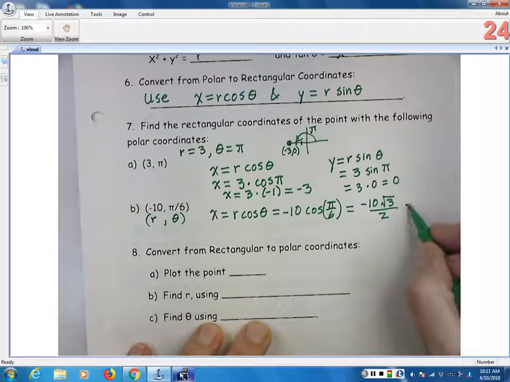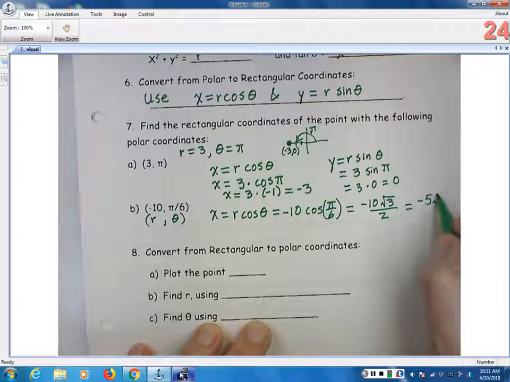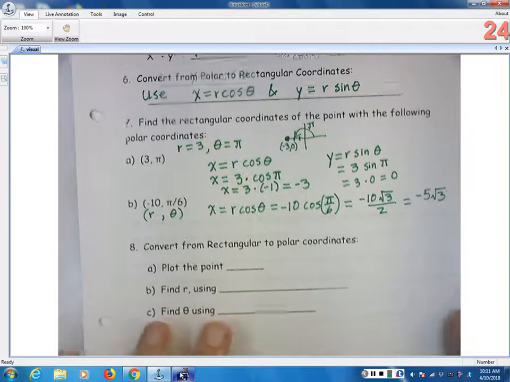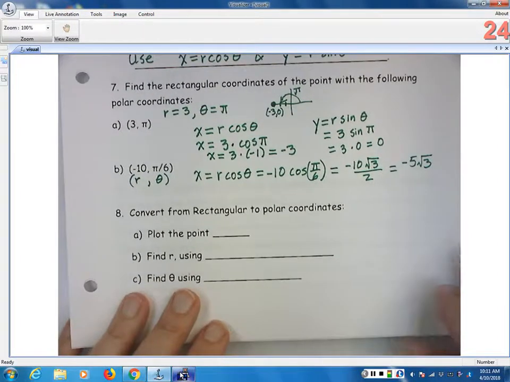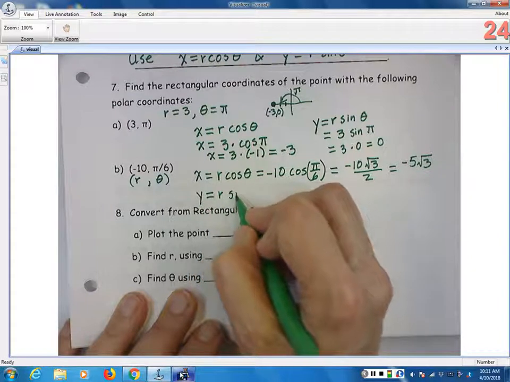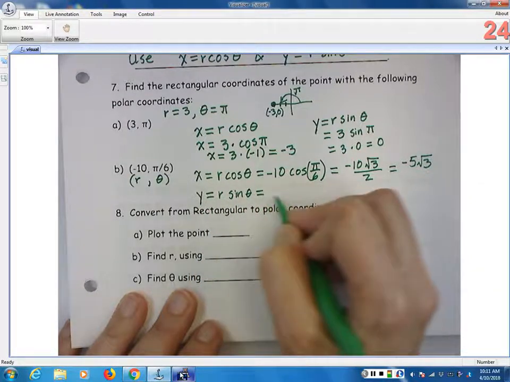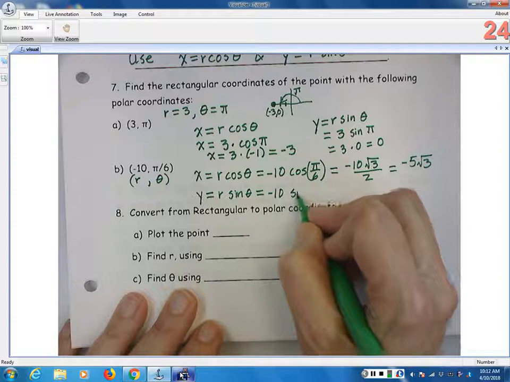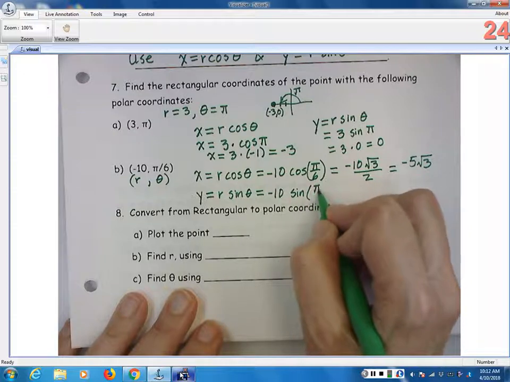So we get -5 square root of 3. Y equals r sine theta, -10 sine of pi over 6.